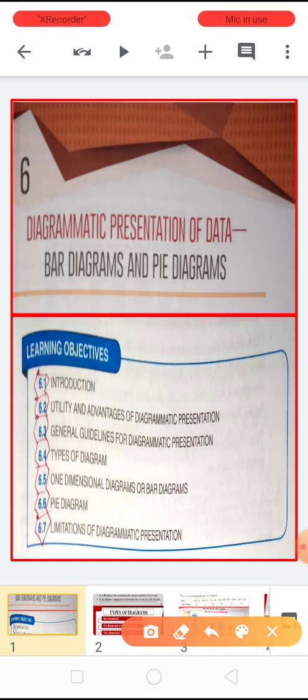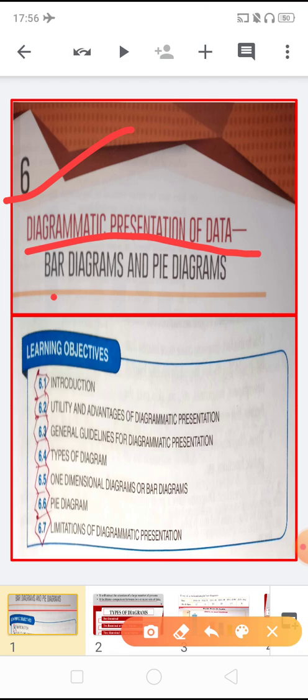Children, today I'm going to start the next chapter of our book, chapter number 6, and the name of our chapter is Diagrammatic Presentation of Data, which covers bar diagrams and pie diagrams.